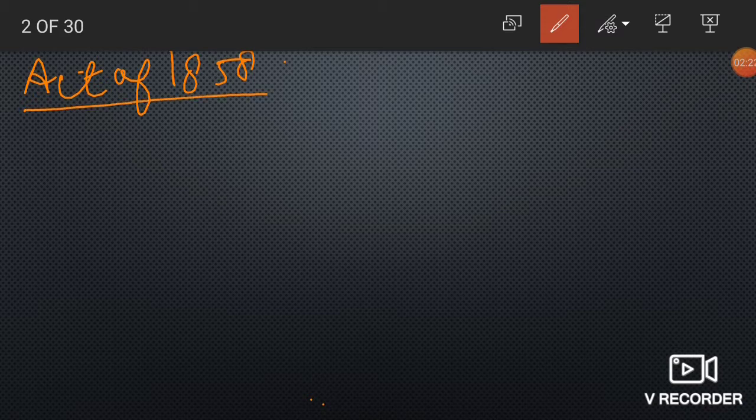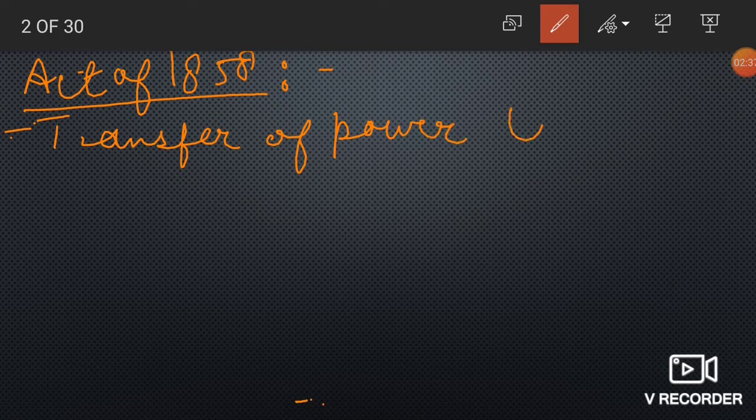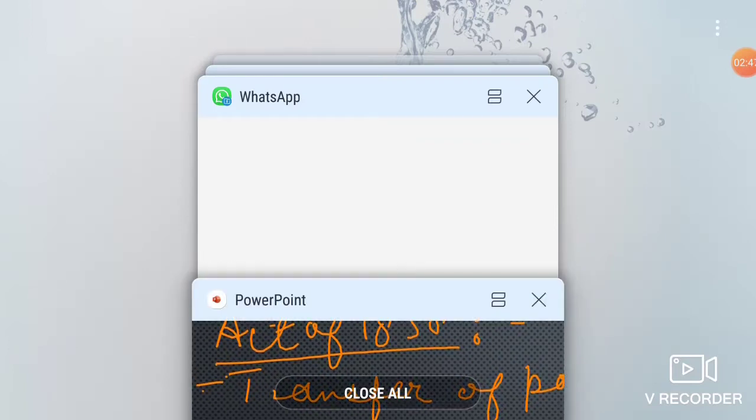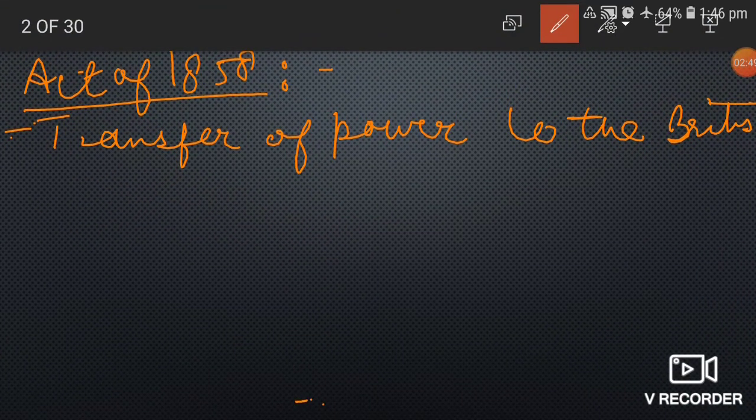The main feature of the Act of 1858 was the transfer of power to the British Crown.